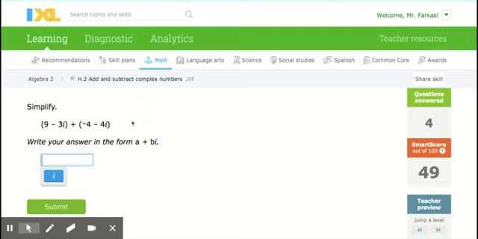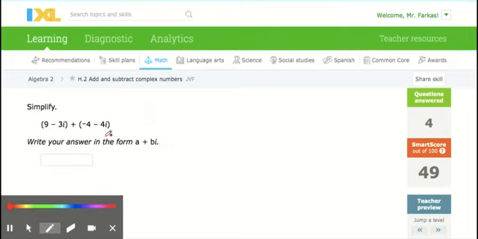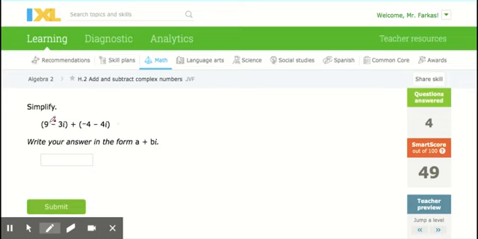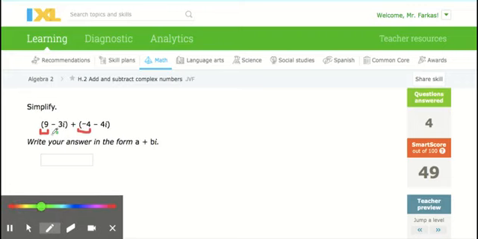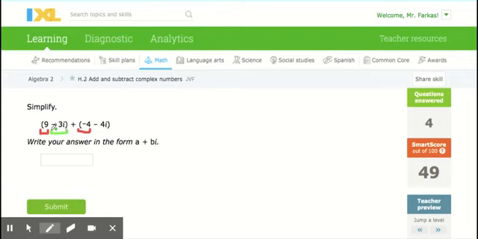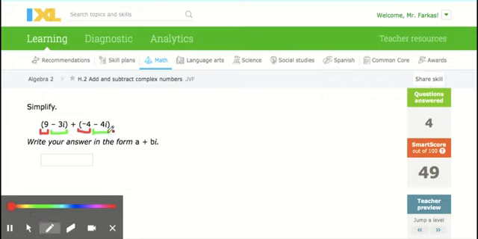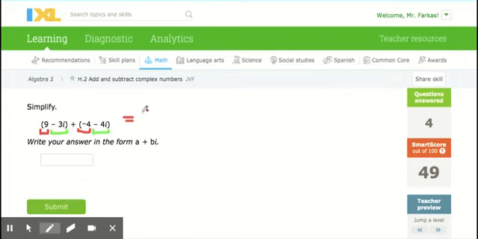All right, here we have parentheses for the first time. Let's do this one. So here you see there's actually two different kinds of like terms. This 9 is a constant, and this negative 4 is a constant. Similarly, this negative 3i is an imaginary number, and this negative 4i is an imaginary number. So what we're going to do is combine like terms. 9 minus 4 equals 5, positive 5.